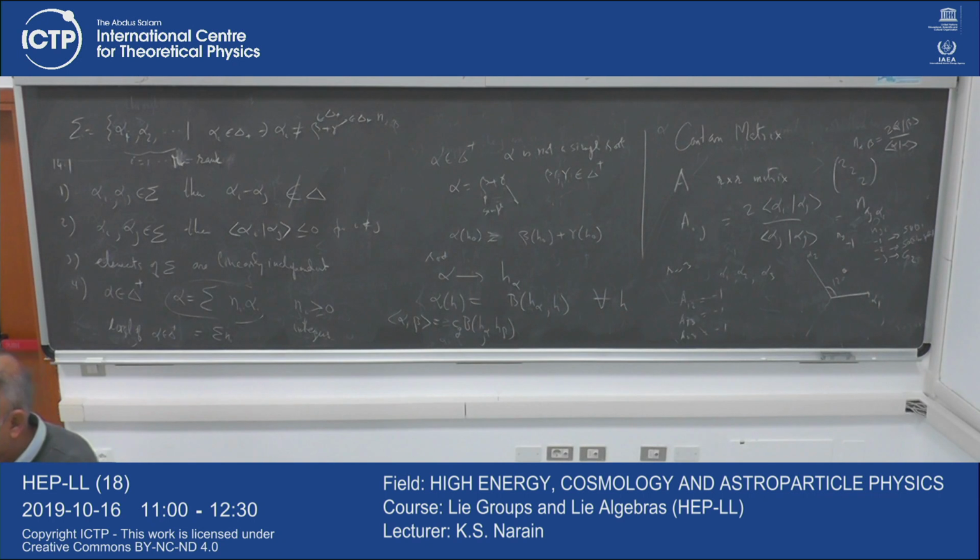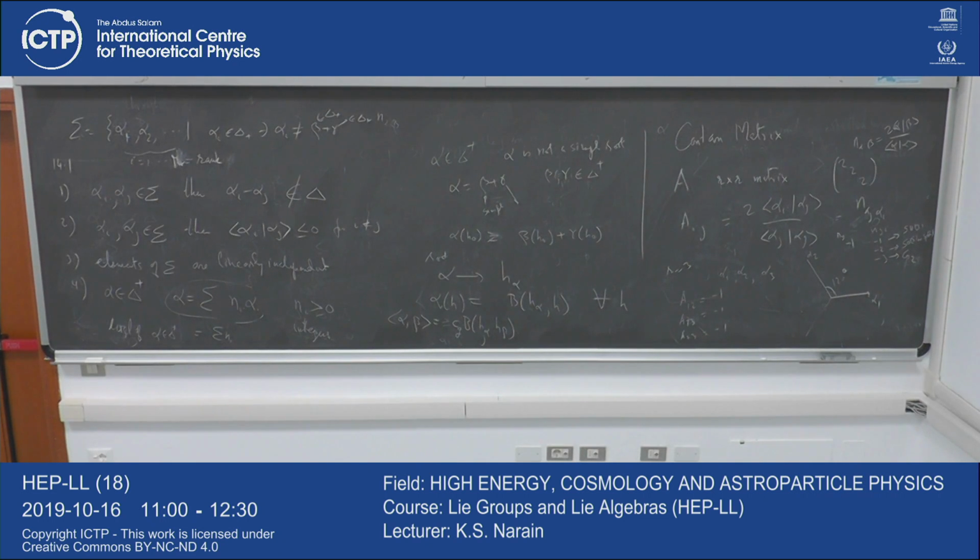Sir, if there are R simple roots, then the rank will be R cross R? Rank will be R. I mean, the rank of the algebra is R, but this Cartan matrix is R by R. When you say rank, it is just the dimension of the Cartan subalgebra. That's a definition.